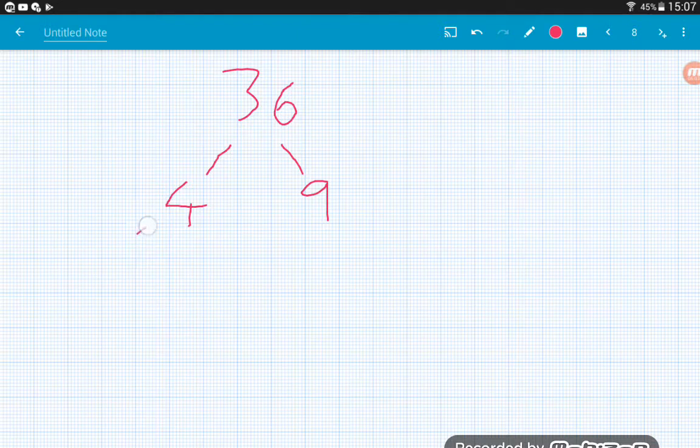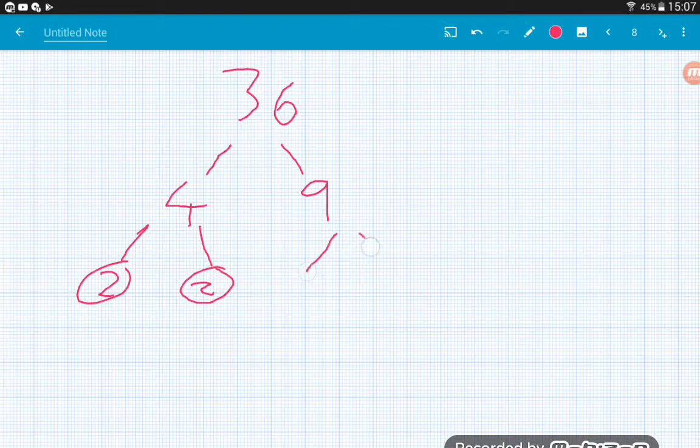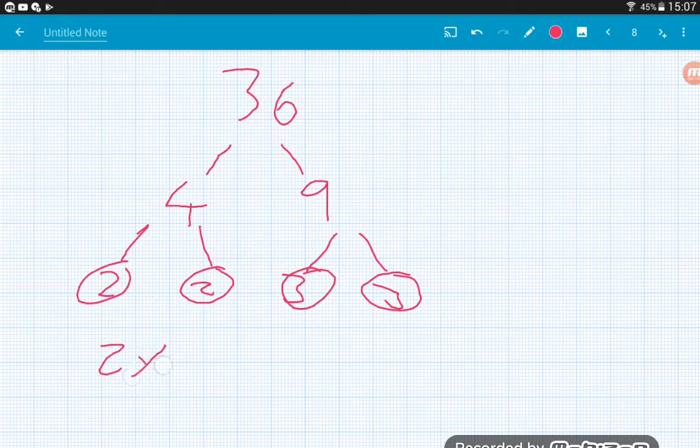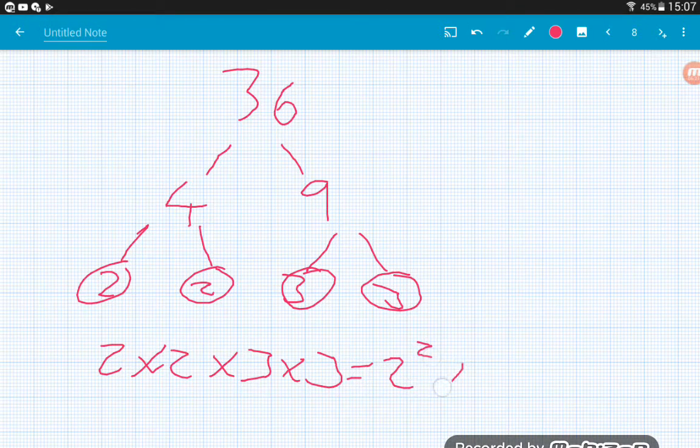We just come off with a 4 and write 4 as 2 times 2 and 9 as 3 times 3. So again, we've got our 2 times 2 times 3 times 3, which is 2 squared times 3 squared. So you don't have to take out prime factors at each step.